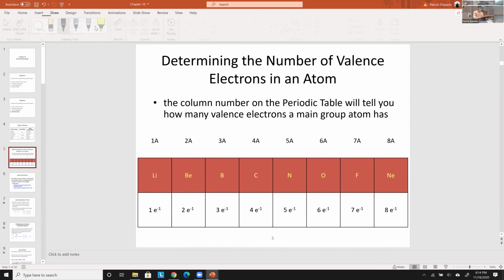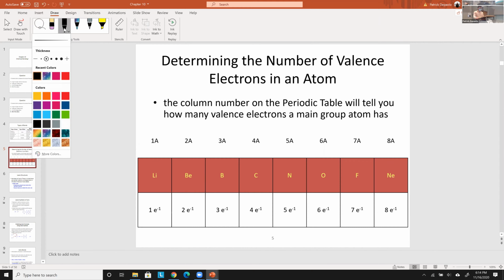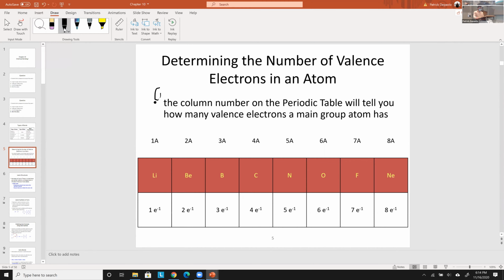For example, if you have argon 4s2 3d3, how many valence electrons are there?